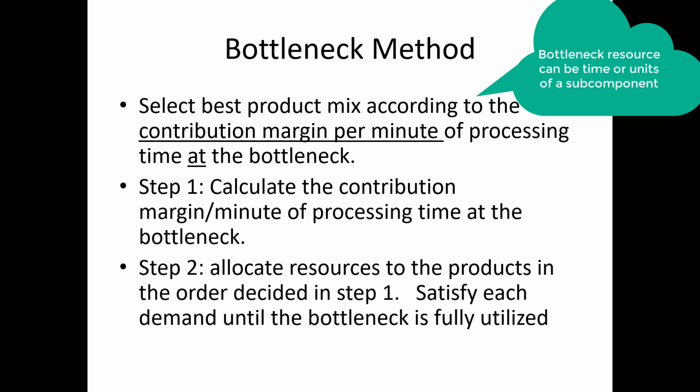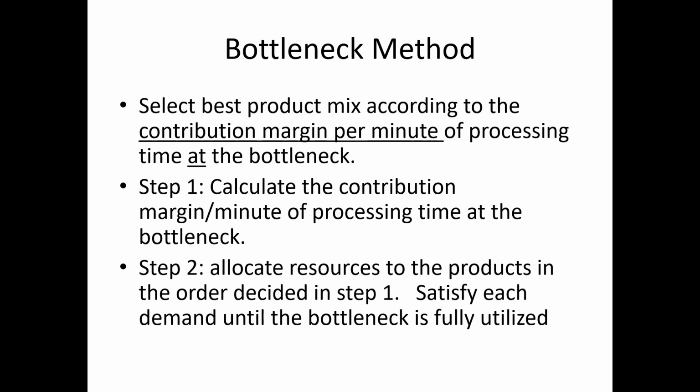So step one, we calculate the contribution margin per minute or per unit of the bottleneck resource. Step two, we allocate the resources to the products in the order decided in step one. Well, what order did we decide in step one? Bigger contribution margins are preferred to smaller contribution margins.